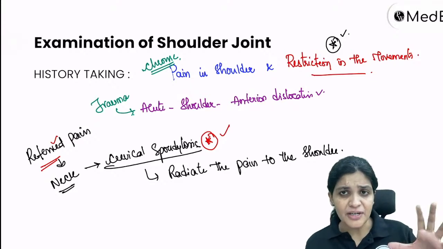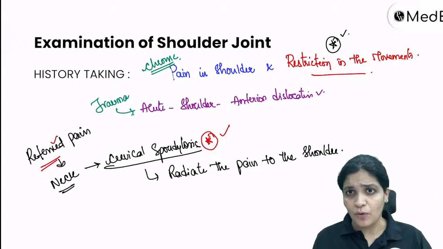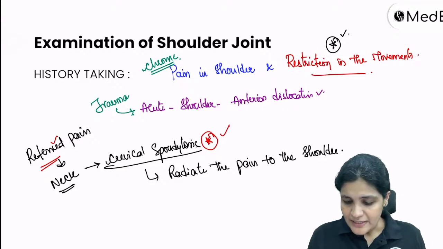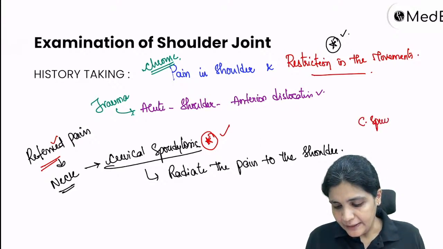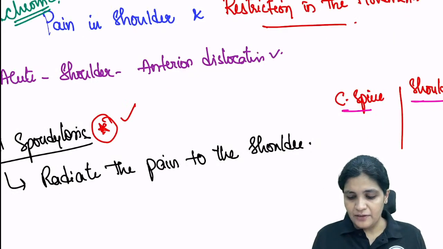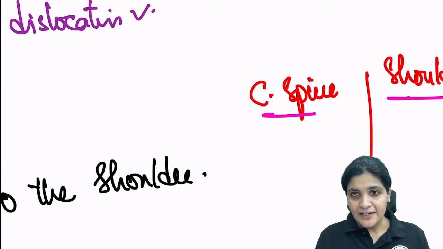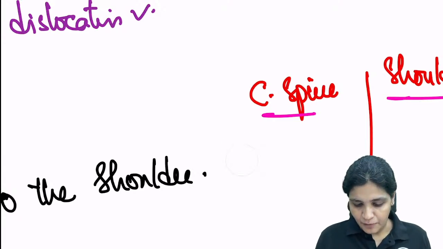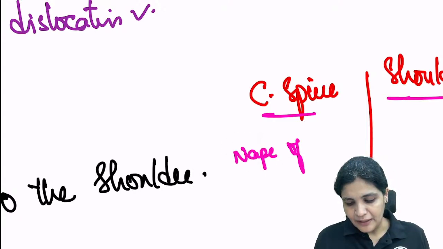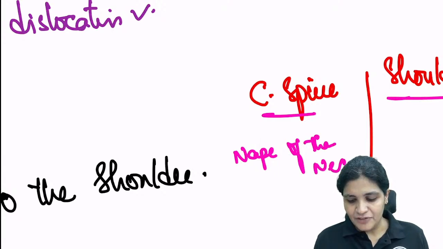And how do you differentiate whether this is from the shoulder joint or from the cervical spine? If it is from the C-spine, it is usually associated with the nape of the neck. The patient will tell you that the pain starts from the nape of the neck, a little above the shoulder, at this level.